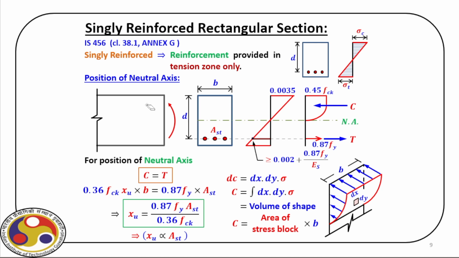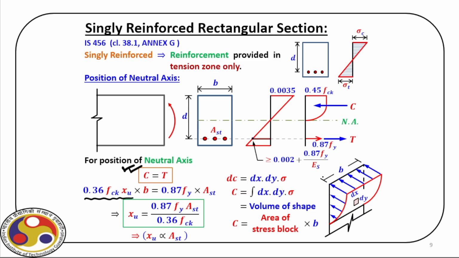Over this entire cross section, as you can see, we have C, the compressive force acting here, and we have the tensile force acting here. They should maintain equilibrium. That is the first condition. For that, we equate C equal to T, and we have already figured out the area of the stress block, that is here.